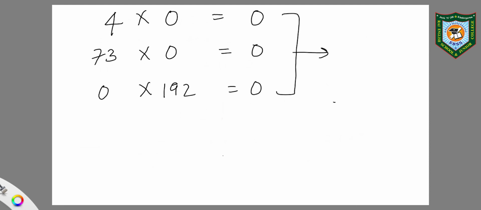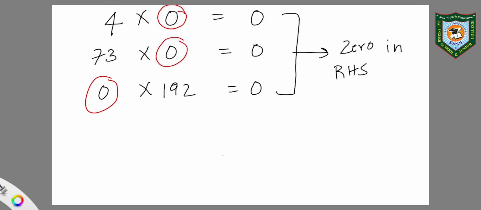That means in order to get 0 on the RHS, at least one of my numbers has to be 0. I can have both the numbers as 0 because even 0 into 0 is equal to 0. At least one of my numbers has to be 0. Now, once we have learned this, we'll come back to our equation.